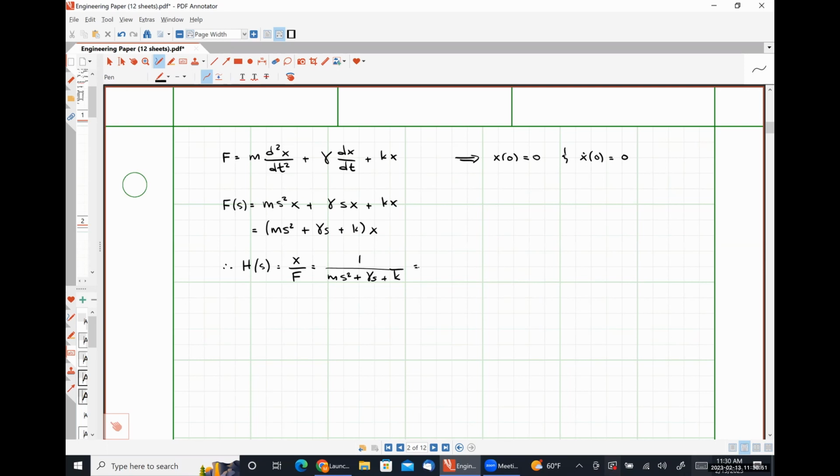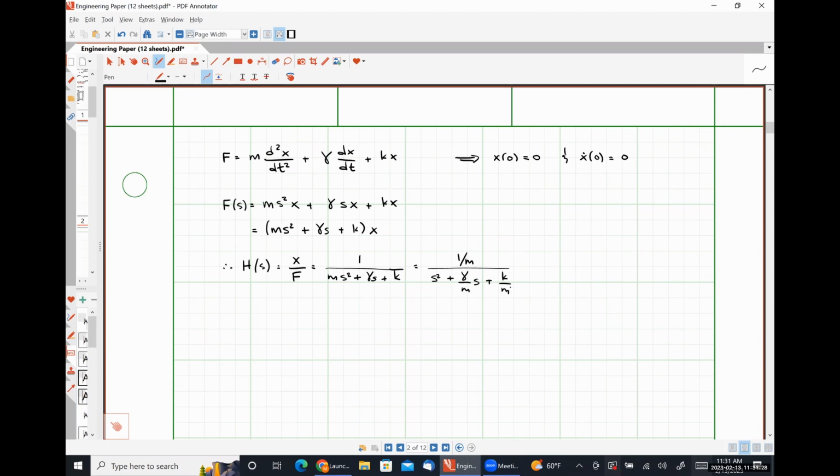We are going to mess with things slightly here, and you'll see why in a moment. We are going to effectively multiply the numerator and the denominator here by a factor of 1 over m. So that would give us 1 over m in the numerator. And then m times 1 over m obviously just looks like s squared. Gamma over m times s. And then k over m goes here, right?